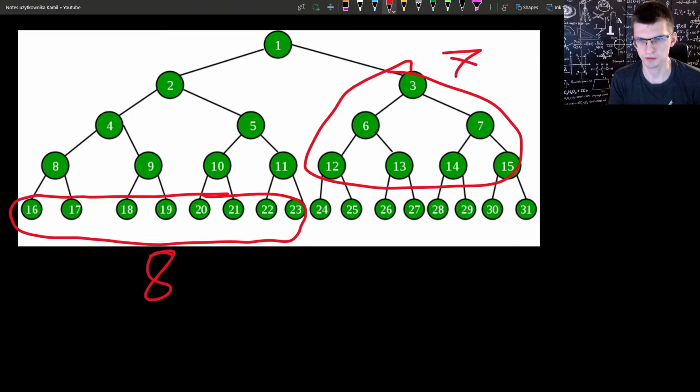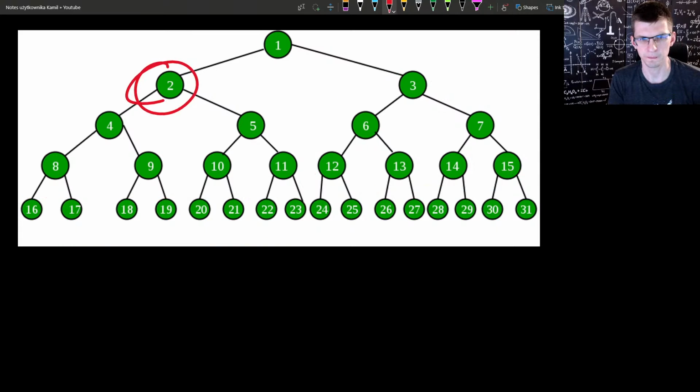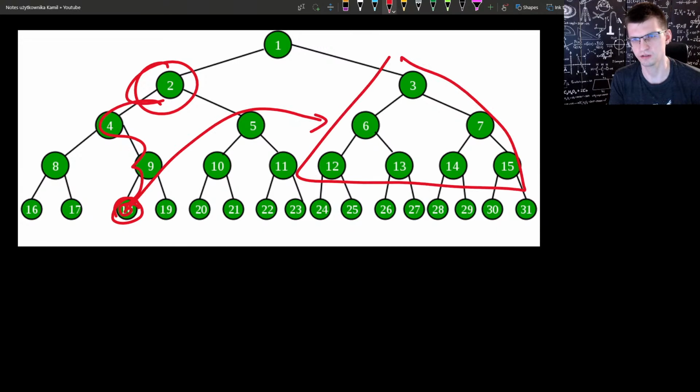But how to decide what goes where? If I start here, from there I can get to any leaf of my choice below. And from there I need to jump somewhere here.